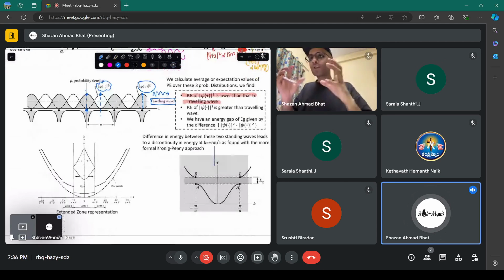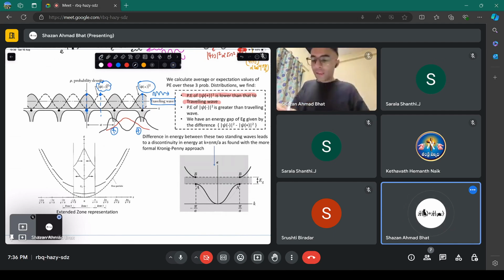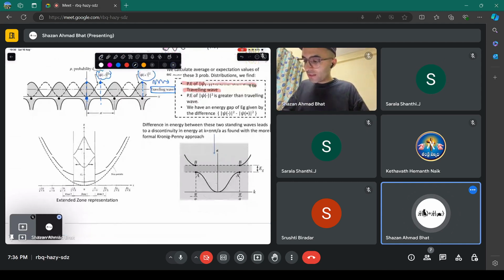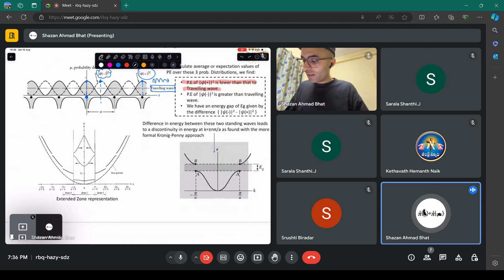Why does it get lowered? Because of its associated distance from the nucleus. Some distribution is peaking between the nuclei, while the other distribution is peaking at the location of the nucleus. So these have two different potential energies. And when there is a difference in the potential energies, you have the energy gap, because there is potential energy of psi minus and potential energy of psi plus.